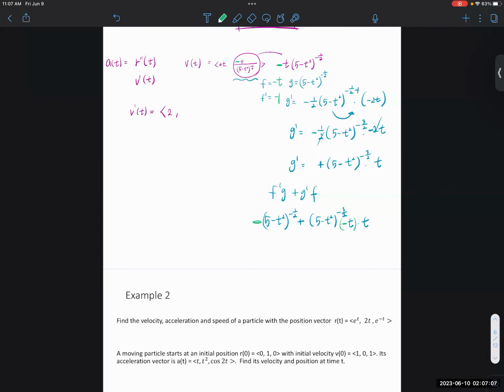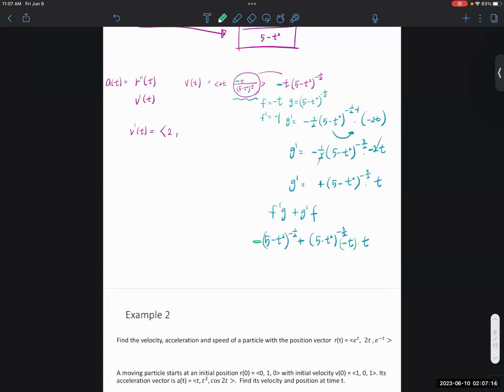Okay. And then we have t right there. So let me double check. f is negative t, f prime is negative 1. g and g prime, we have, yes, 5 minus t, and then we have that information. Good, good. g prime is correct. So g prime, we got the correct number.